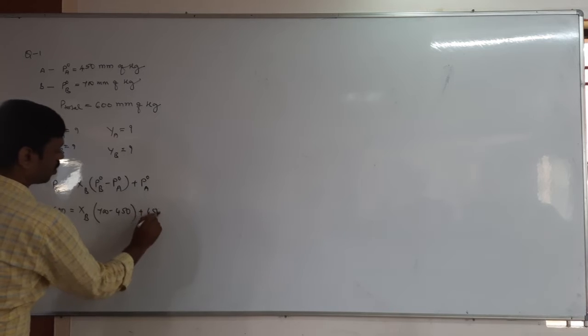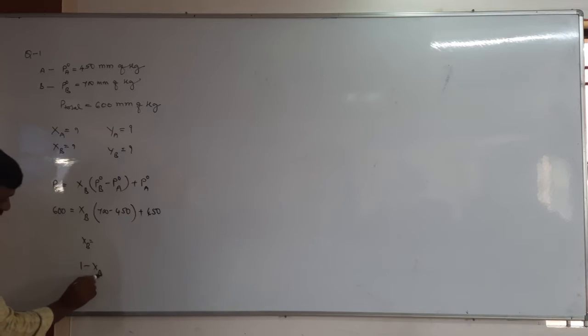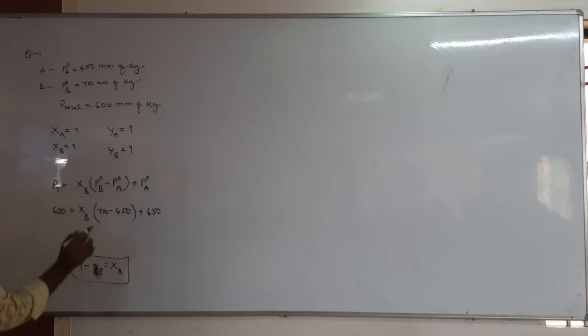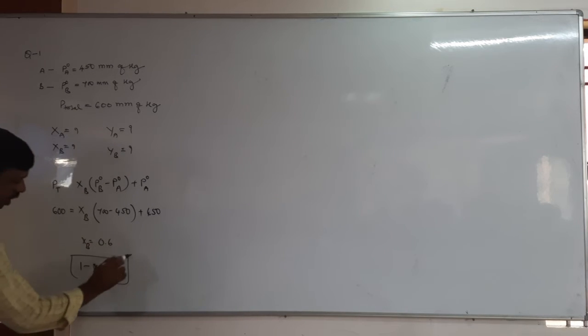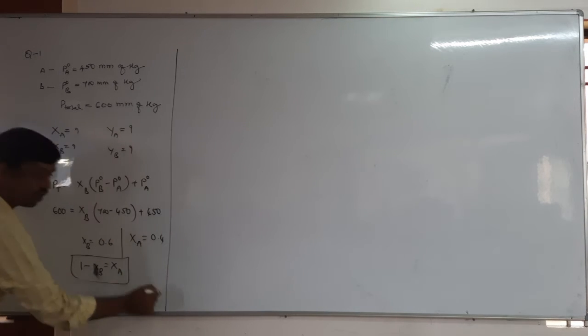Then calculate XB. Once you calculate XB, 1 minus XB equals what? XA. XB equals 0.6, and next XA equals 0.4. So this is the mole fraction of the components in liquid state.